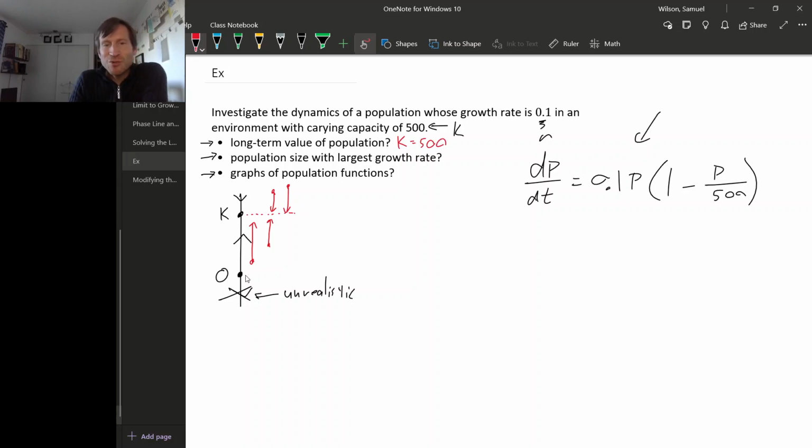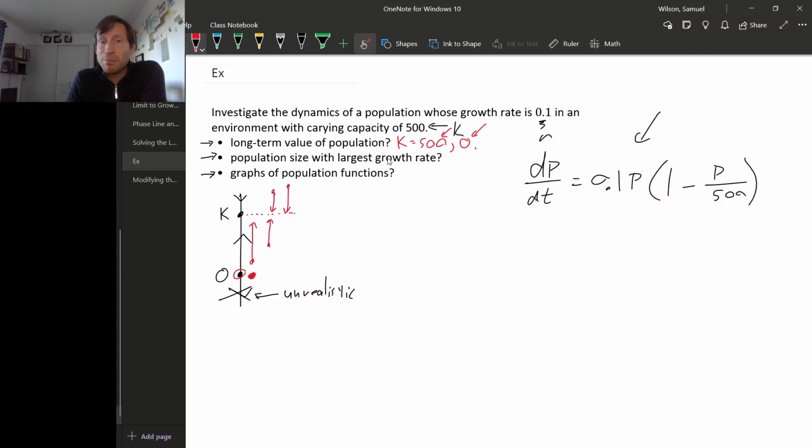Of course, if you start with 0 individuals, you're going to stay at 0 individuals because individuals aren't going to appear from nowhere. So the other possible long-term value for the population is 0. Those are the only two possibilities.